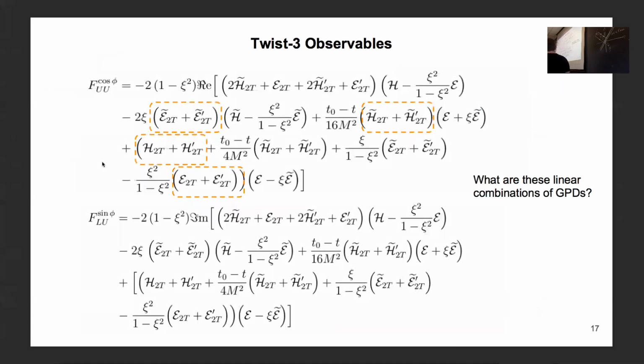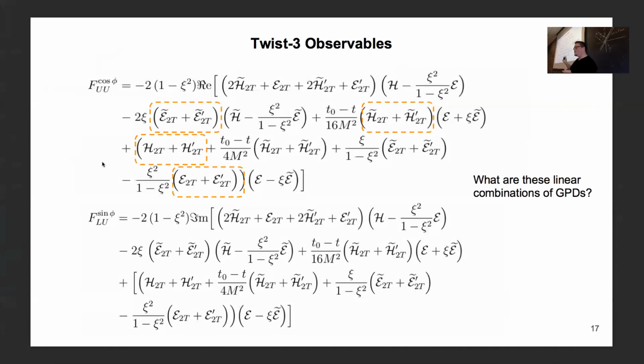So then you can do the same game for twist 3 observables. These are just a couple of them. And what you can see is that they come in linear combinations of the vector and axial vector GPDs. So we're looking specifically for E2T tilde.